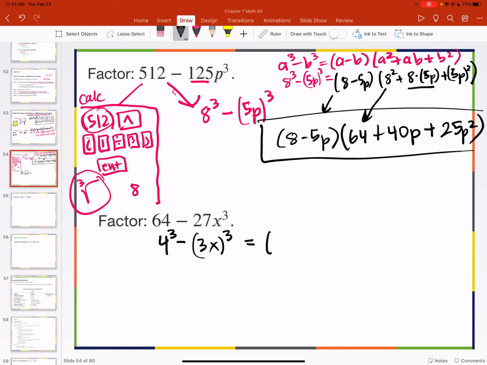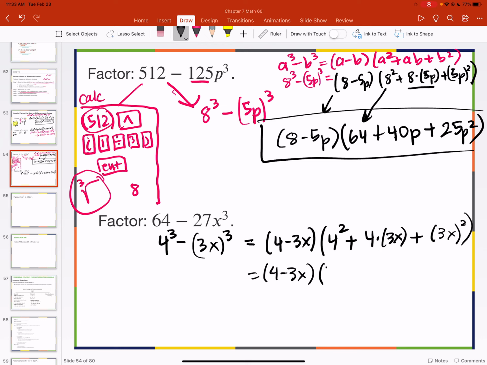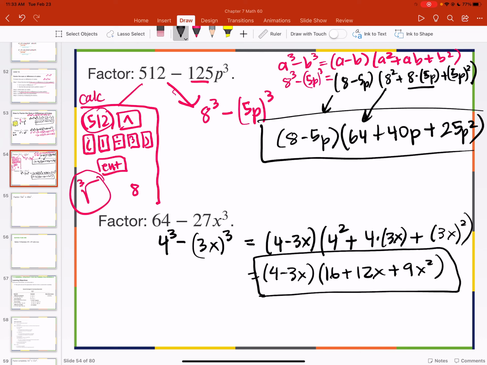We have a minus b, so that's going to factor into 4 minus 3x, then a squared plus 4 times 3x plus 3x squared. So then that's going to equal 4 minus 3x times 16 plus 12x plus 9x squared. And that's it for that one.